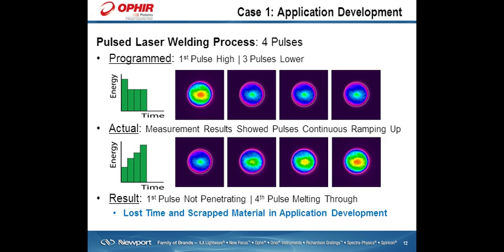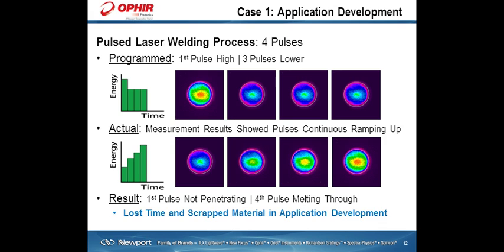So bottom line is the laser was not performing at all like it was programmed to. As a result, the first pulse was not penetrating, it wasn't doing its job, and by the 4th pulse, it was actually melting through the material that was being processed. So the laser was not doing the job.